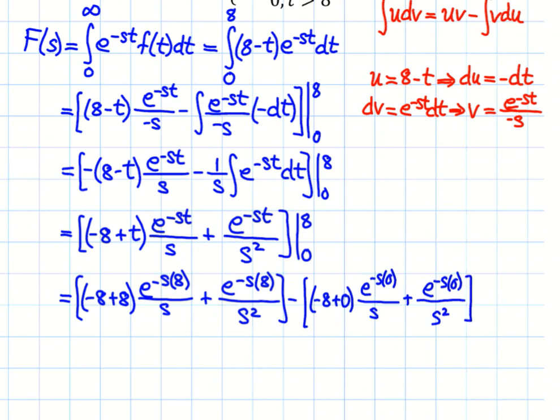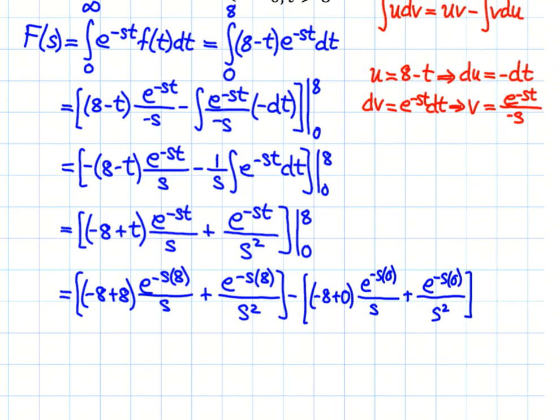Right. Put a in for t first, and then 0 in for t, and subtract them. A lot to simplify here.